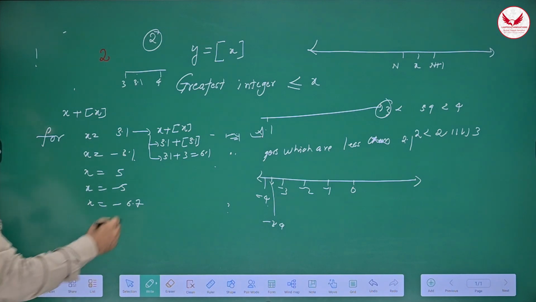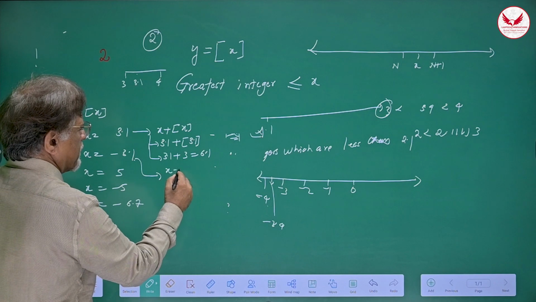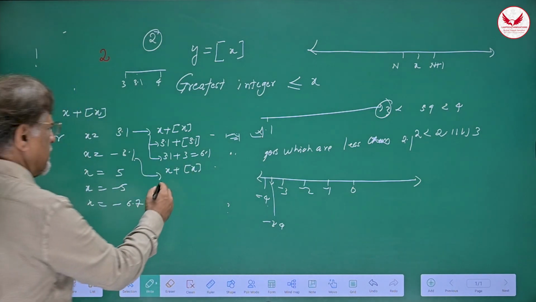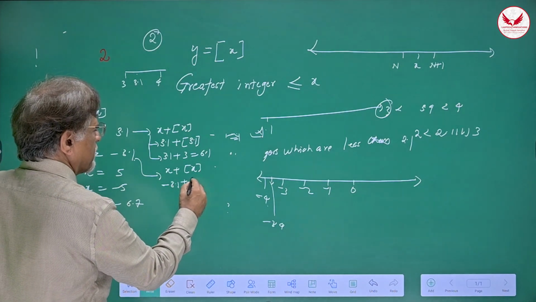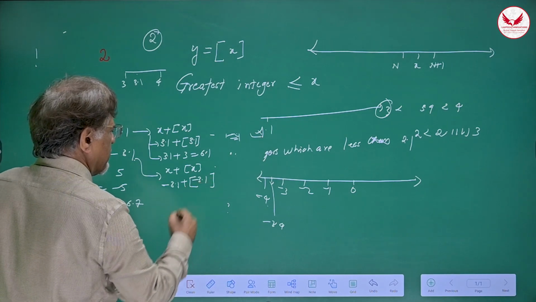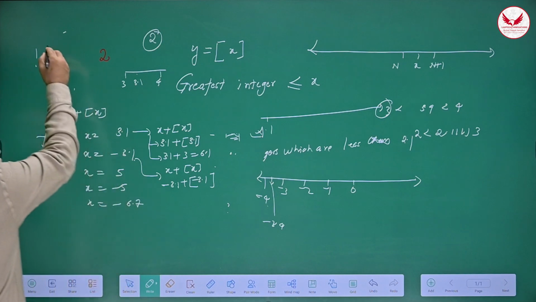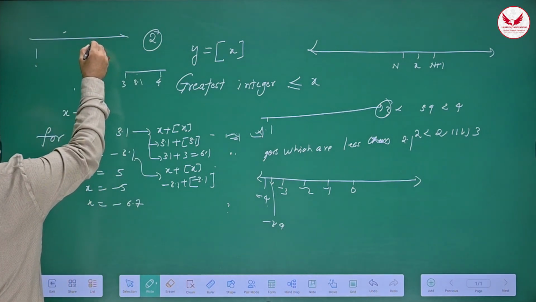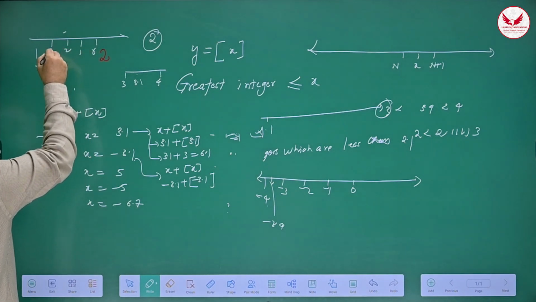Now, let us take the second example. x plus the integral part of x. That is minus 3.1 plus the integer part of minus 3.1. But minus 3.1, if you look at it, this is 0, this is 1, this is 2, this is 3.